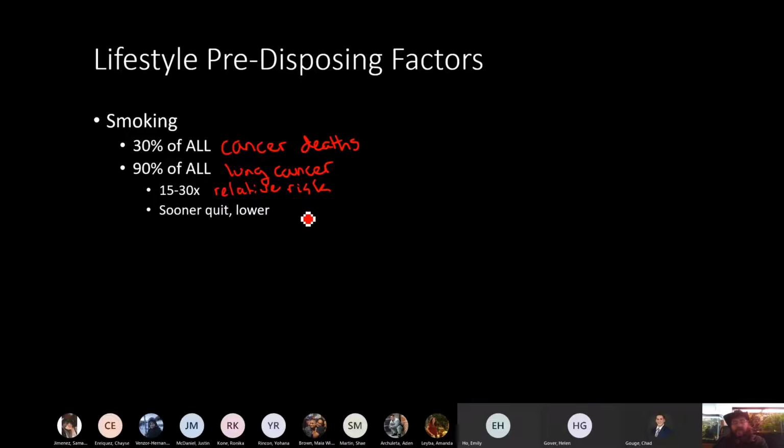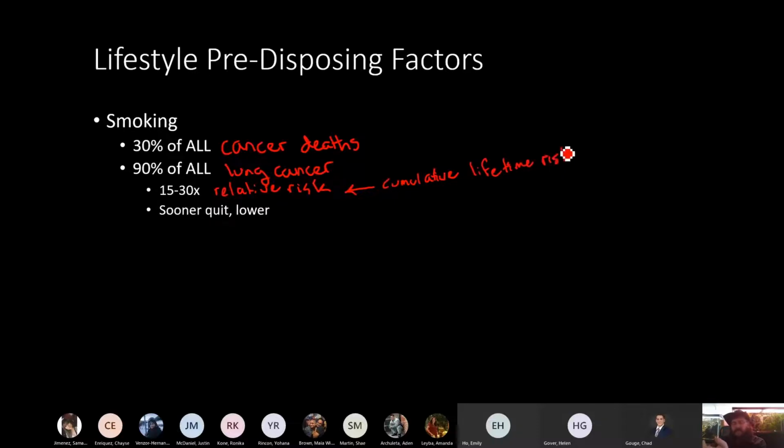The good news is that this is cumulative. So it's not like you smoke a cigarette and now you're going to get lung cancer. I guess that's possible if you're real unlucky when it comes to irritant repair. But the sooner you quit, the lower that increased relative risk is, because it's a cumulative lifetime risk.